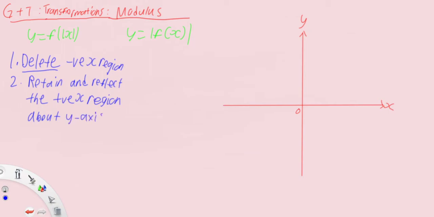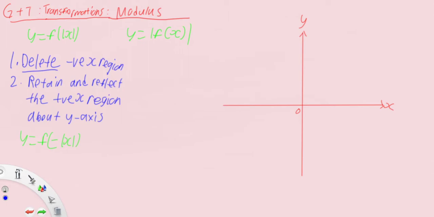Conversely, if we have, let's say, y equals f(-|x|), then we know that the input is now always negative, which means the negative value for x would be the same for the positive x side.